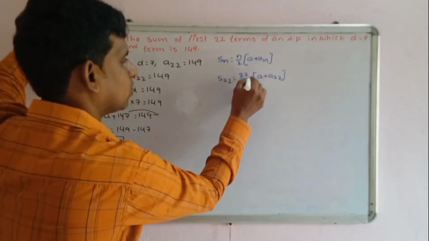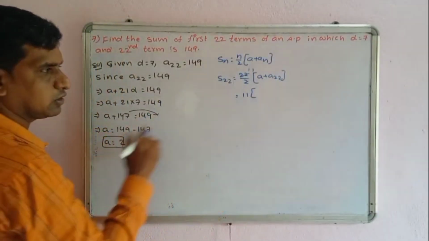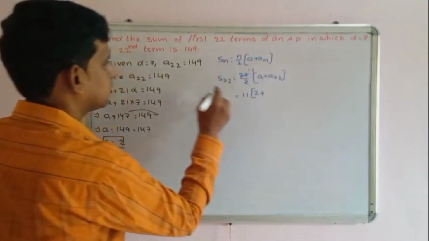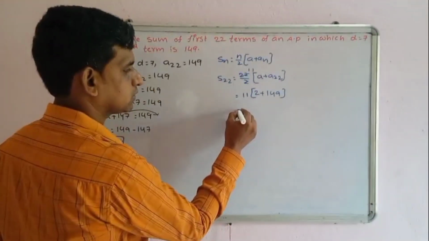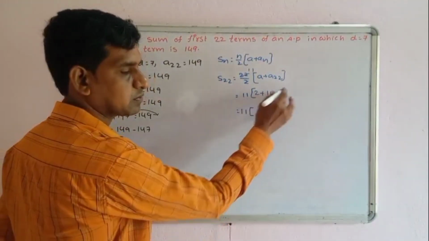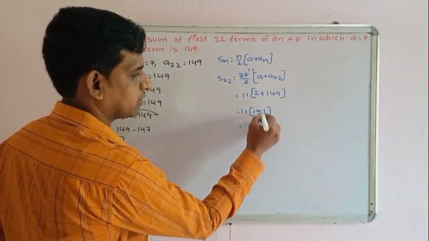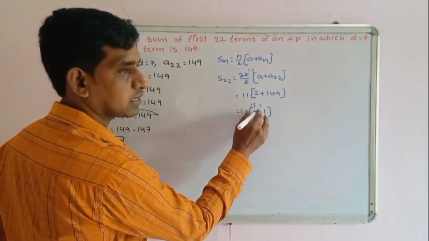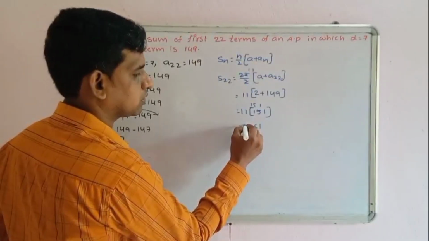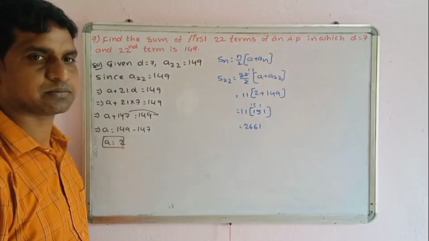So 2 how many times? 11 times. 11 into a value 2 plus a22 value 149. 11 into 2 plus 149, 151. So 11 1 is 11, 11 5 is 55, plus 1, 56, 11 1 is 11, 11 plus 15 is 26. So 2661.